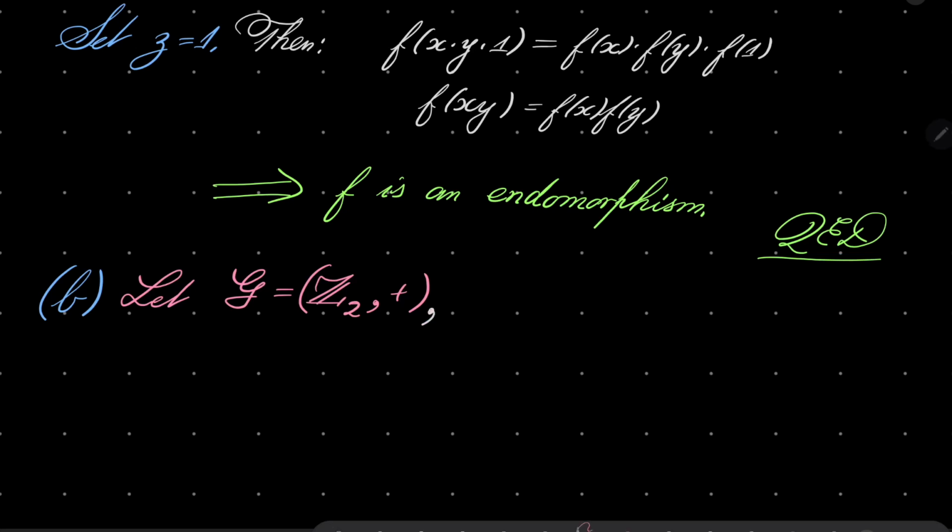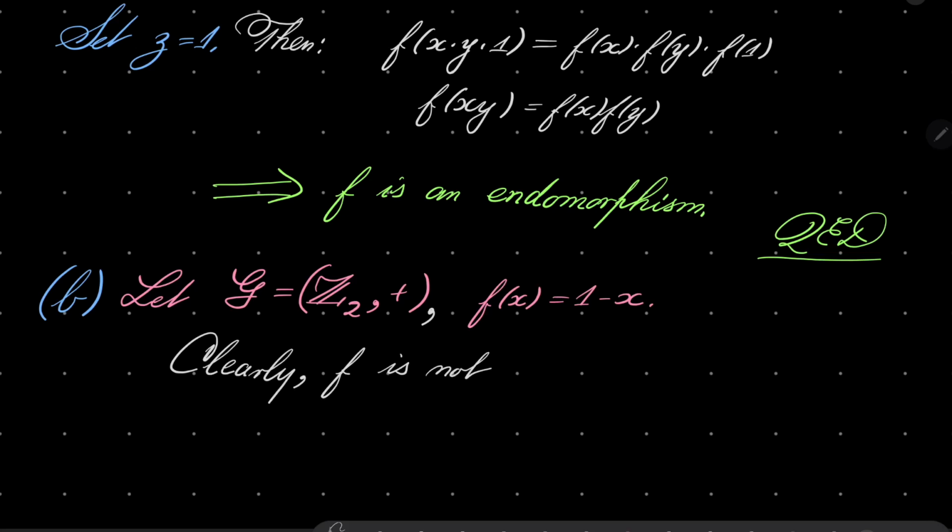I will define my function f(x) to be 1 minus x. So it takes 0 to 1 and 1 to 0. Clearly f is not an endomorphism.